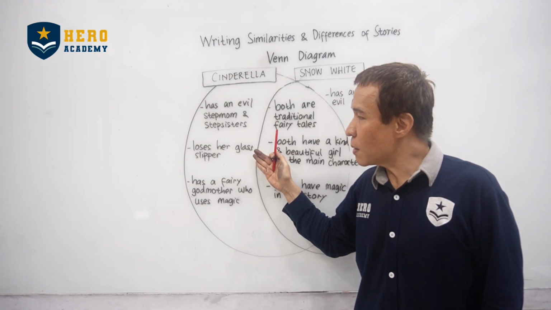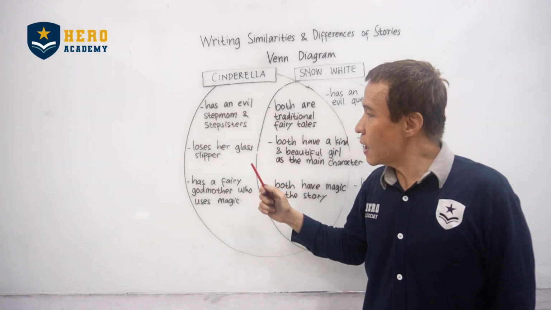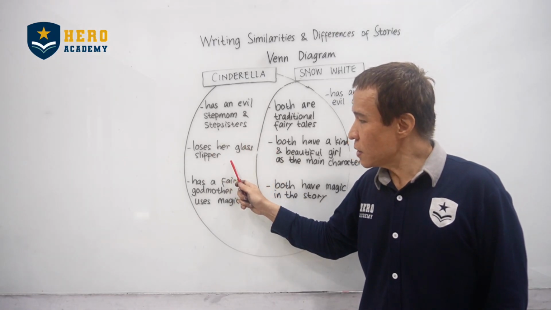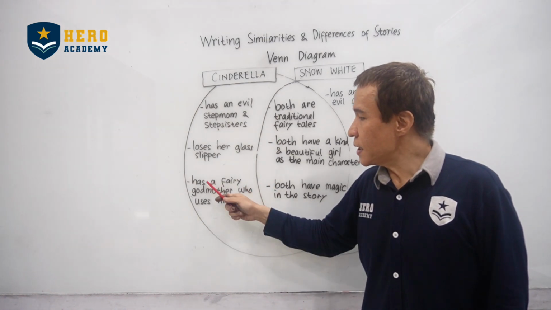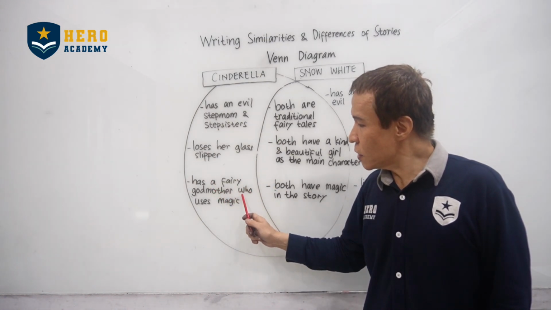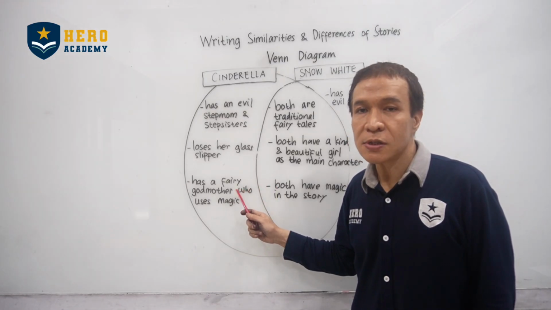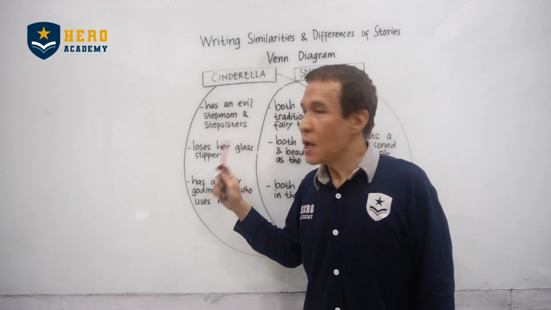The story has a problem for the main character, which is Cinderella, that she loses her glass slipper. And in the setting of the story, it has a fairy godmother who uses magic, and she lives in a house with her stepmom and stepsisters.